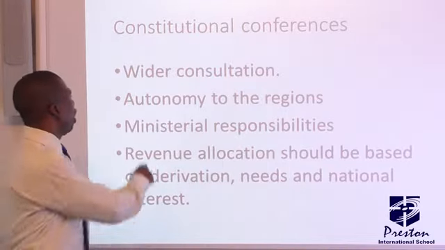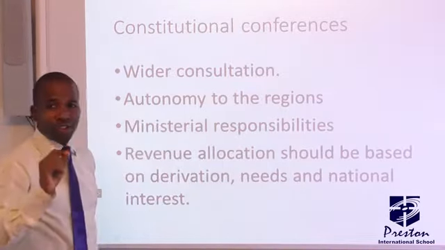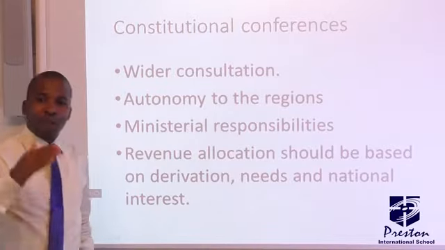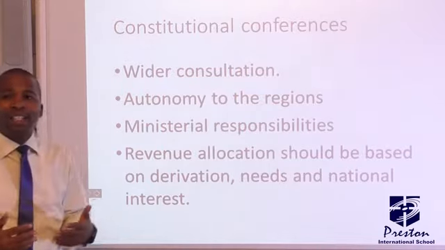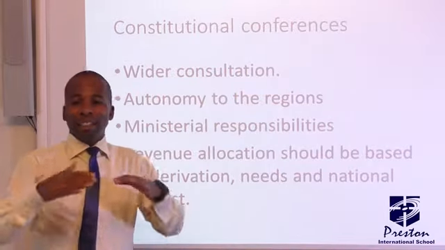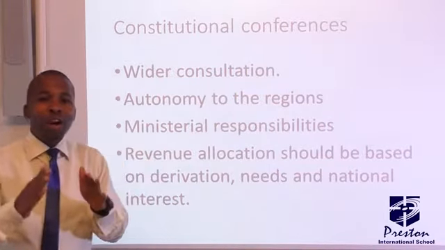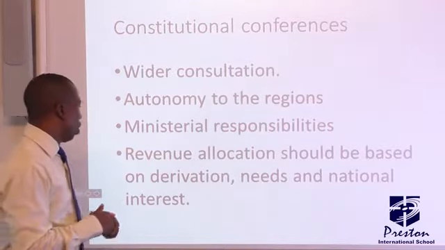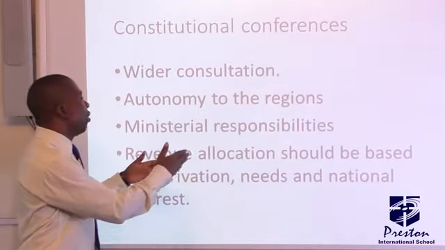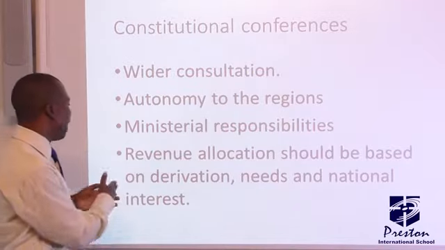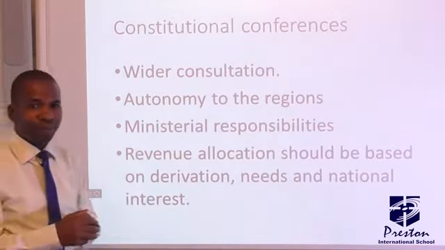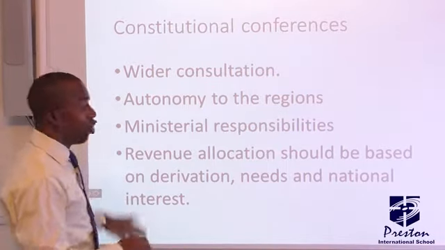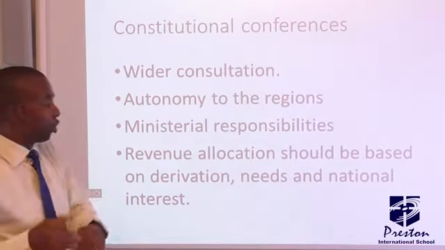Number one, a level of autonomy should be given to the regions. Also, ministers appointed at the central level should be given ministerial responsibility. Also, there should be revenue allocation, which should be based on derivation, needs, and national interests. So these were agreed on during the wider consultation.